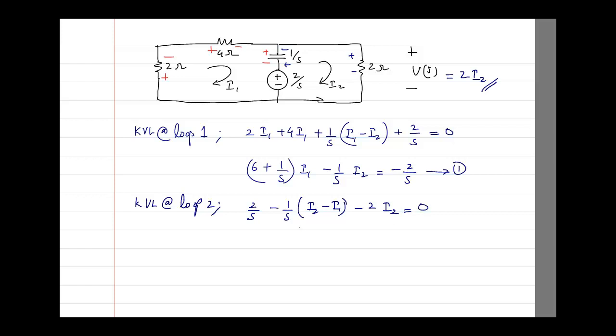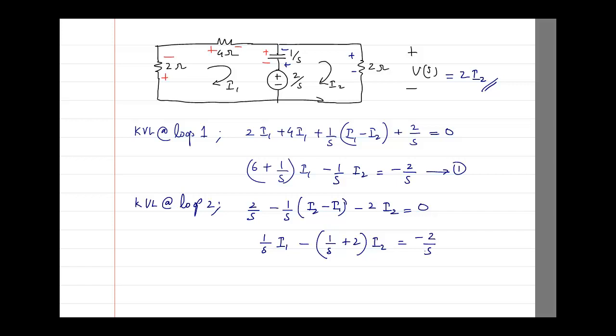So this is equal to 0, from which I can write the components for I1 as 1 by S I1. And for I2, let me take minus as common. If I take minus as common, then 1 by S plus 2 into I2 is equal to minus 2 by S.